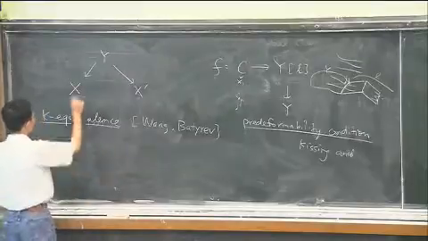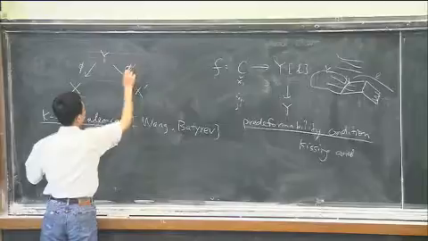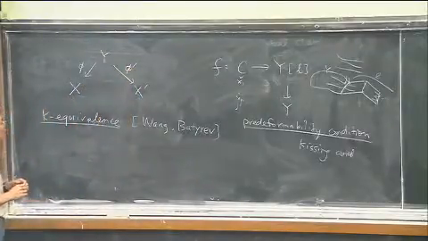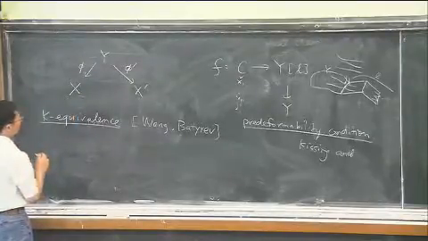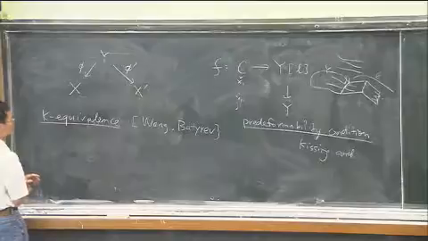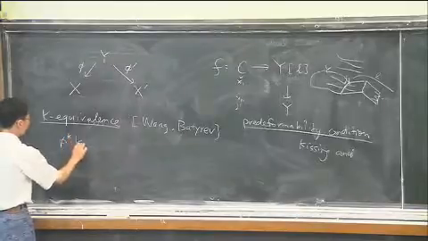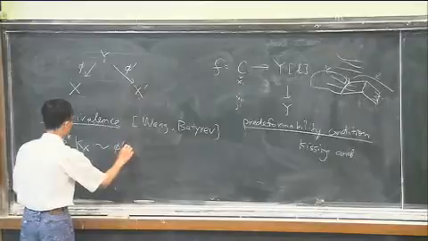If I have phi here and phi prime here, both birational dominant morphisms, such that Y is a common resolution of X and X prime, even though X and X prime are already smooth, then I say they are K-equivalent if the pullbacks of the canonical divisors are the same.